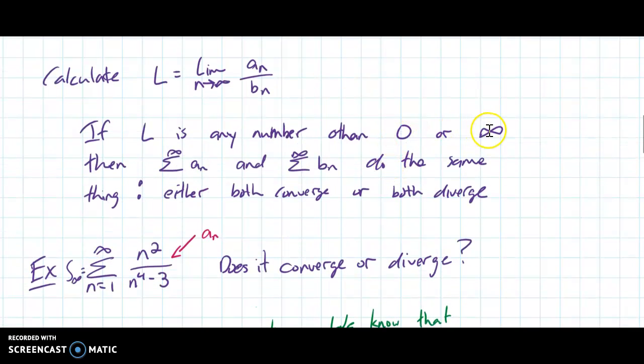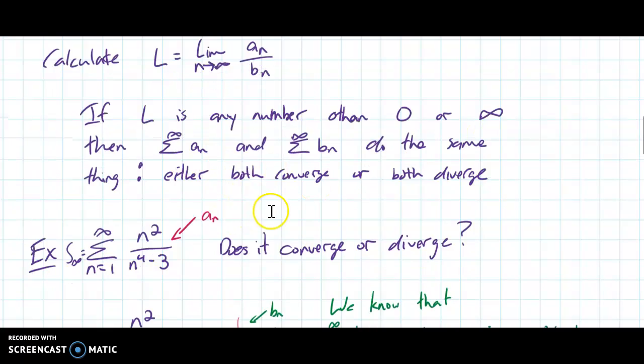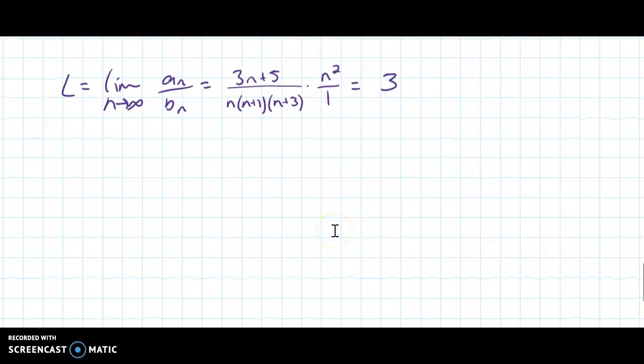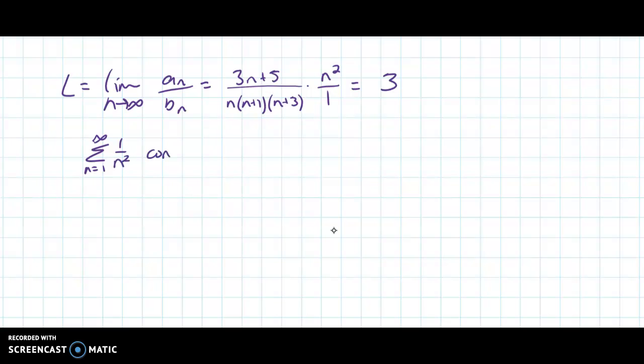So this goes back into our definition. Is it 0? Is it infinity? It's neither one of those. So what's that mean? They do the same thing. So what we can say after this, and I know I've structured the way I've said this a couple different ways so far, so I'm going to do it a little bit differently again. Sigma n equals 1 to infinity 1 over n squared converges by p series, p equals 2 greater than 1.